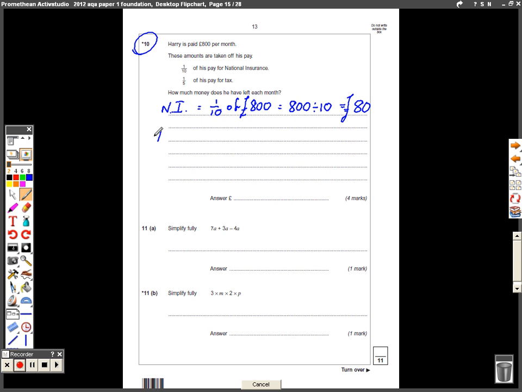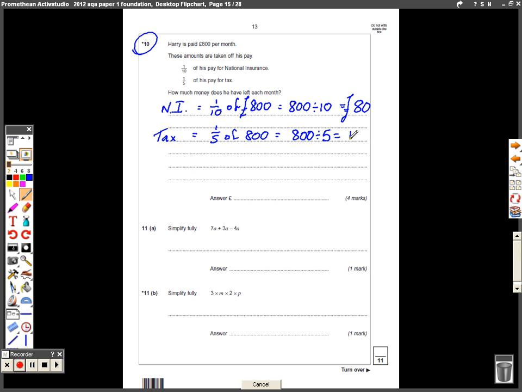Next we've got his tax, and the tax is 1/5 of 800. So 1/5 of 800, well, we've just found out 1/10 by dividing by 10, 1/5 we will need to divide by 5. So 800 divided by 5. Now the observant amongst us will notice that 800 divided by 5 has a link to 800 divided by 10, that it must be double 1/10.